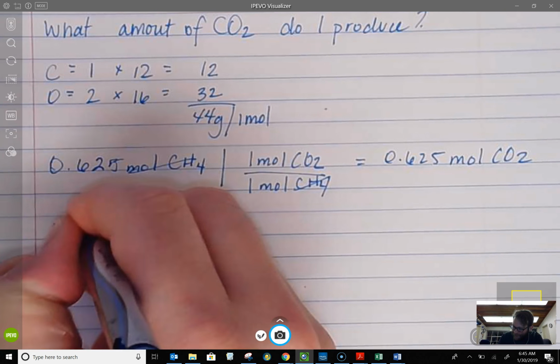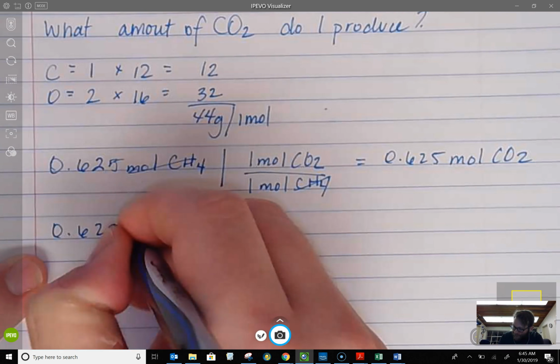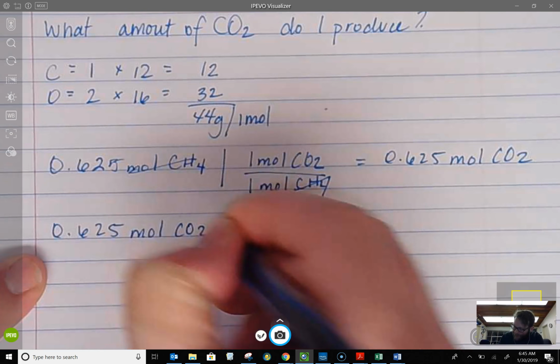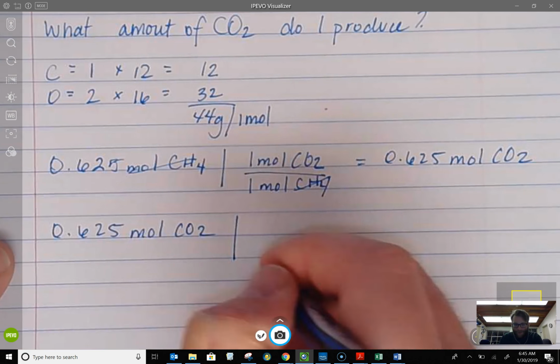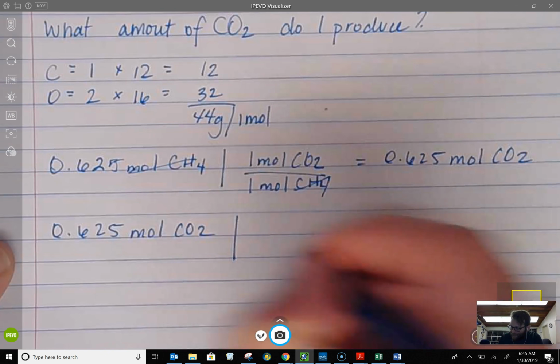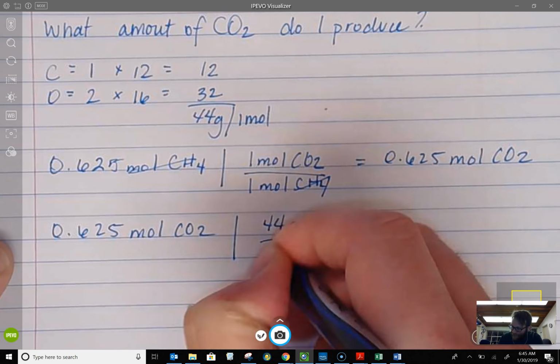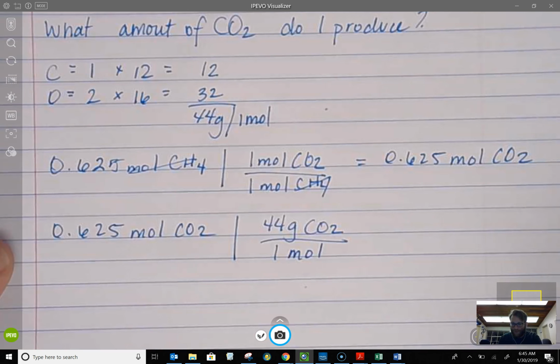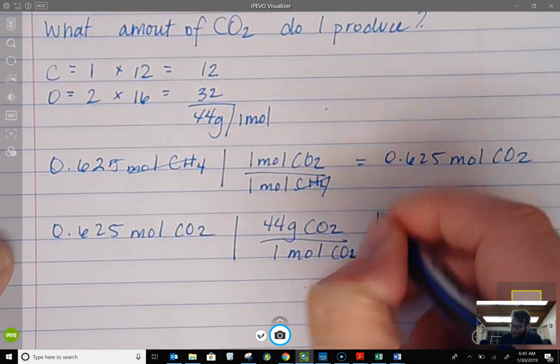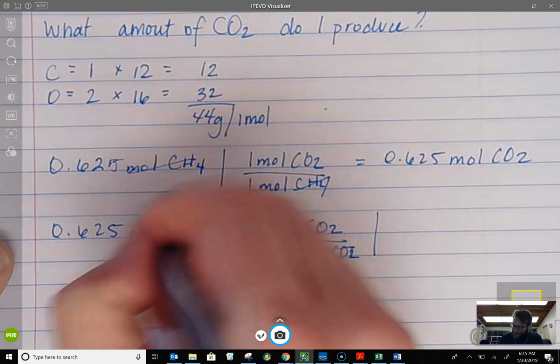Okay. So I've got 0.625 moles of CO2. Okay, and I set up my conversion factor so that I'm canceling out that. So I know that for every 44 grams of CO2, I have 1 mole's worth of it. So if I multiply those across, my moles cancel out.